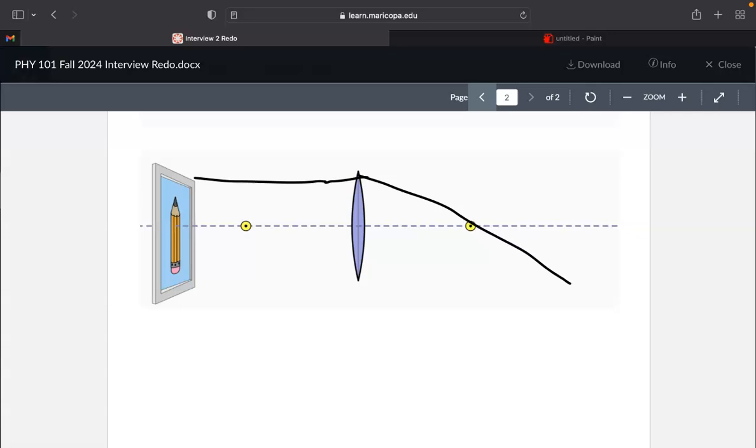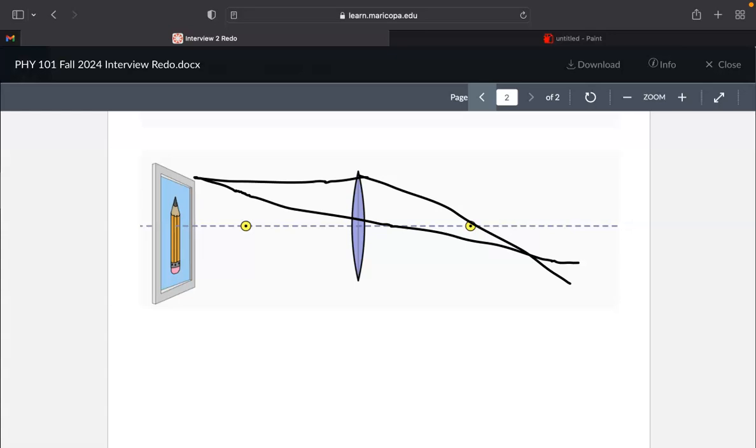And then this here is going to go down completely diagonal and also through the focal point. Well, no, I guess it doesn't go through the focal point. But these will all converge eventually.